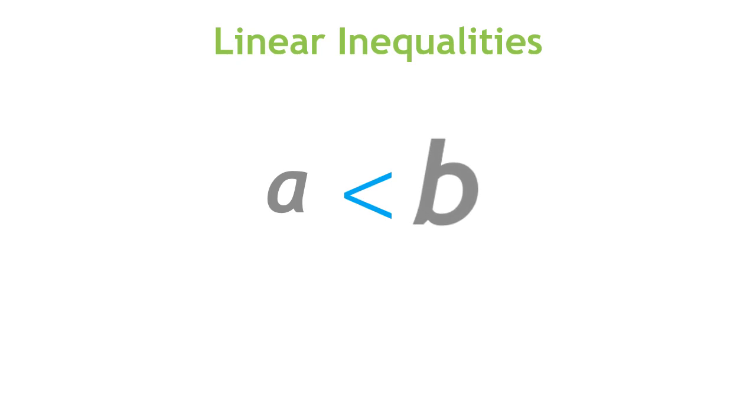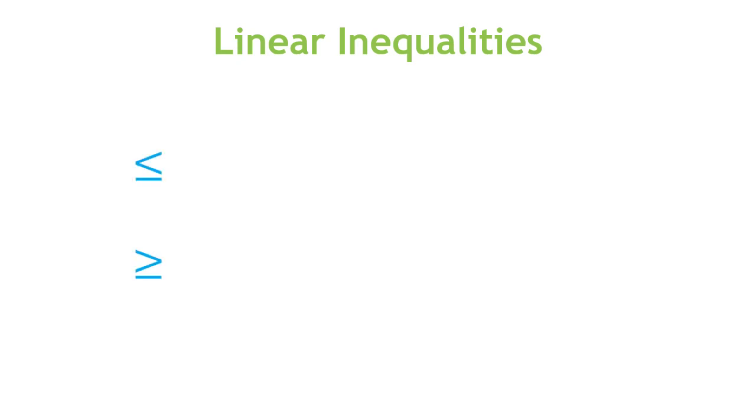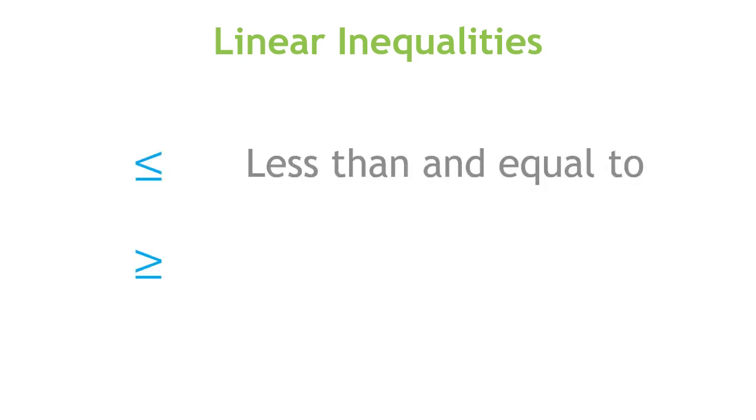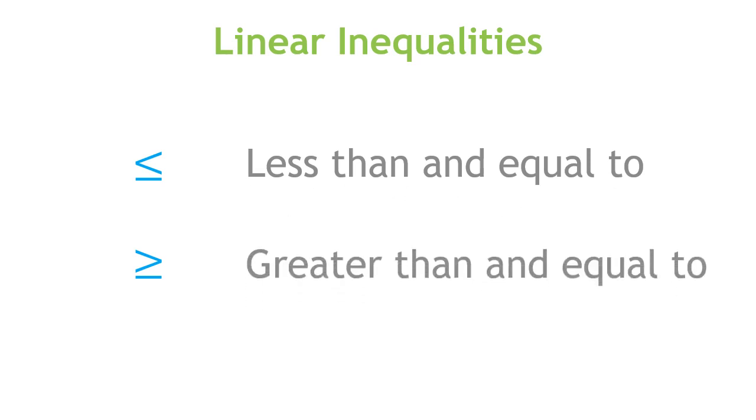Since we read from left to right, we will read it as a is less than b. When boundary values are also allowed, we add a line below inequality symbols to mean less than and equal to, and greater than and equal to, respectively.